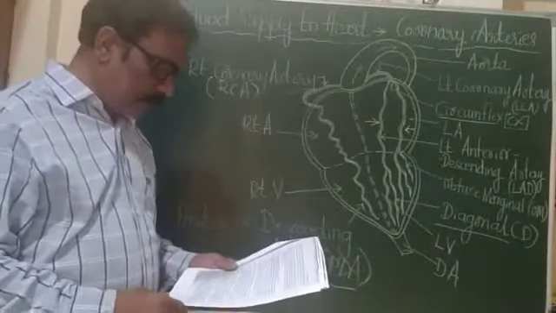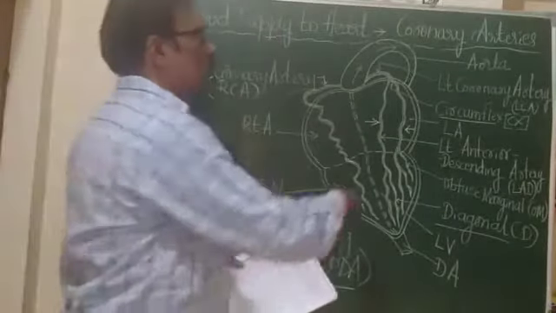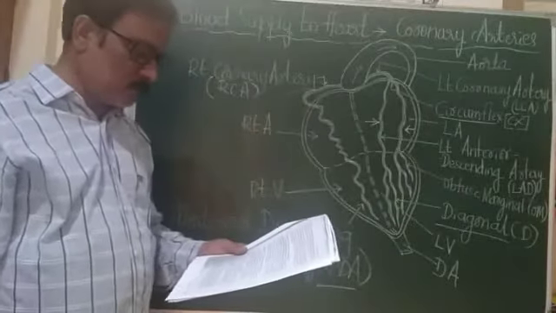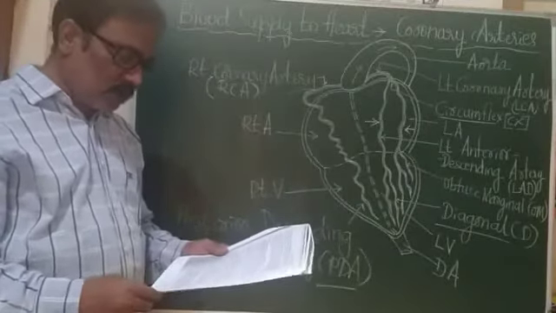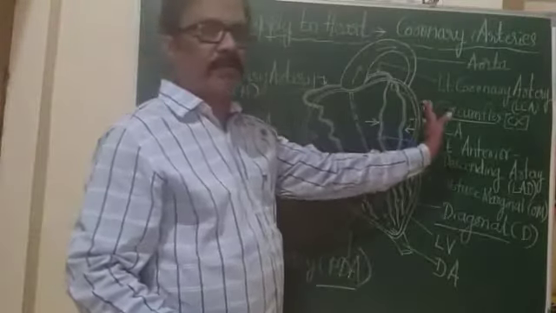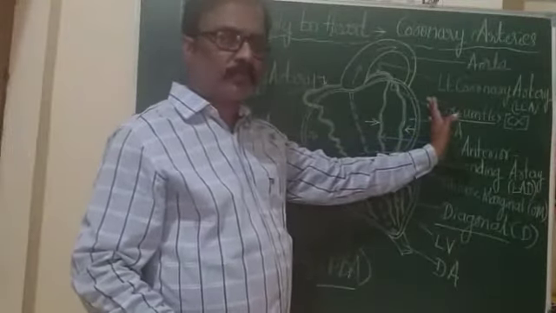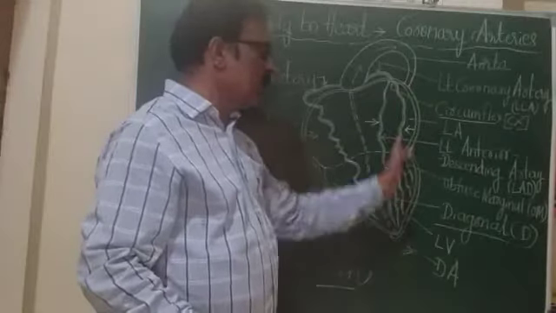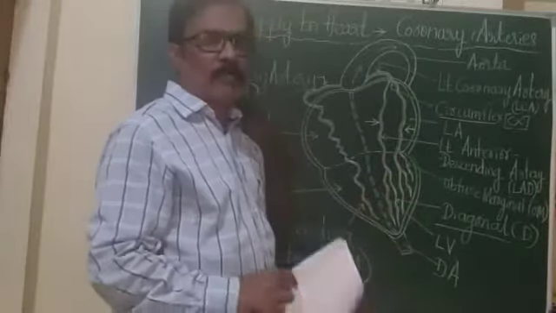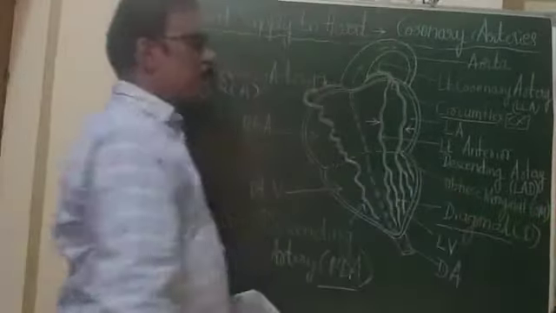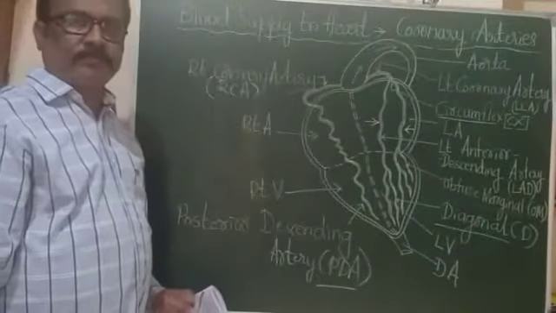And the second branch is called the circumflex, which goes along the left margin of the left side of the heart and gives rise to one or more branches, and these branches are called obtuse marginals.